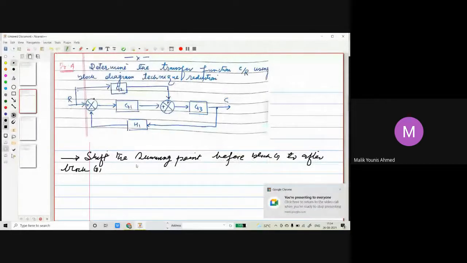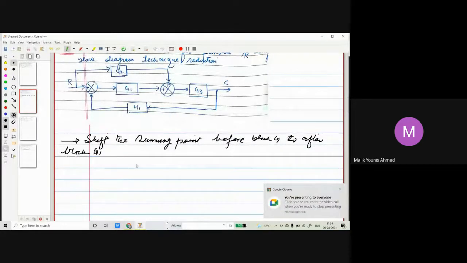Okay, then we'll be doing this. As usual, we'll be drawing a summing point. We'll be drawing a summing point here. Then another summing point because we are shifting it. So we'll draw it here. Another summing point is here.